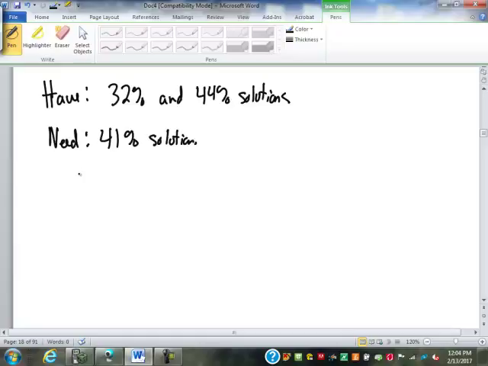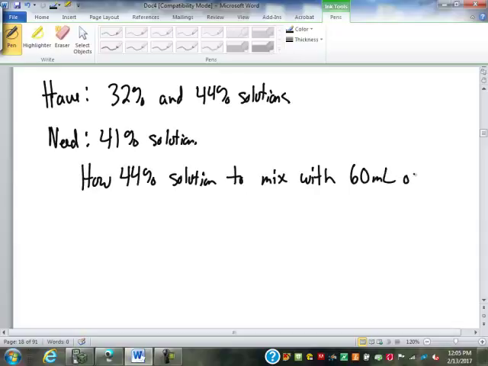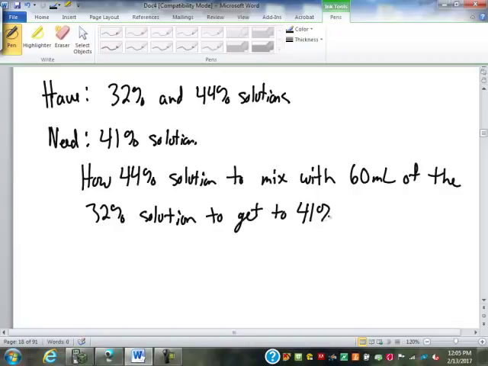So our question is, how much of the 44% solution do we need to mix with 60 milliliters of the 32% solution to get to the desired 41%?